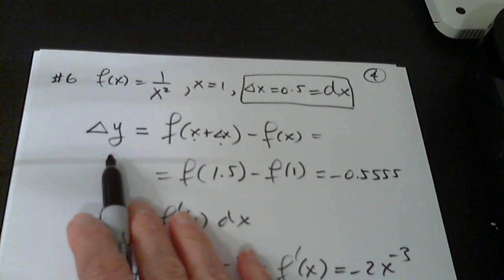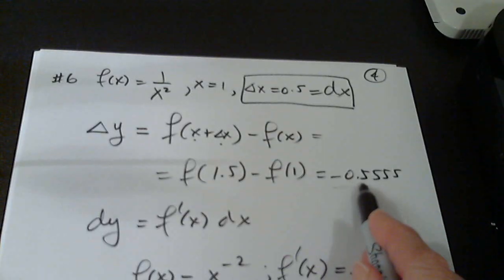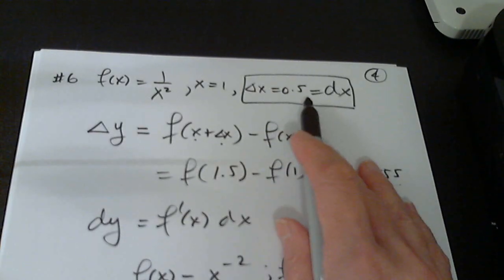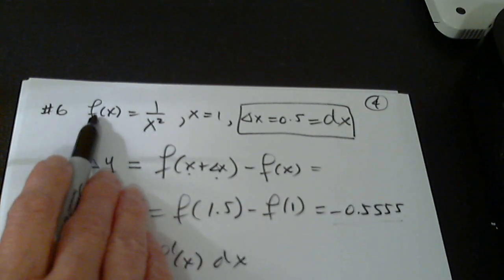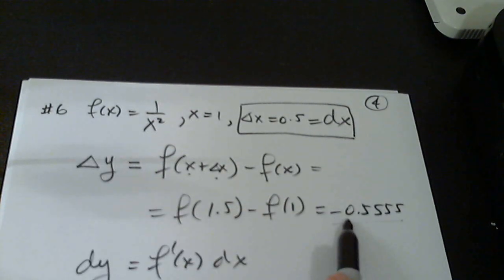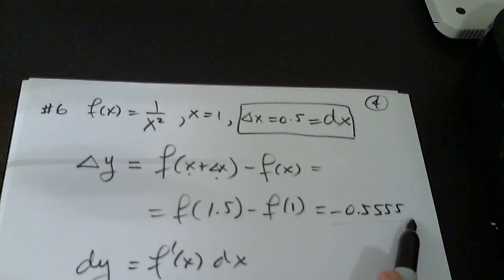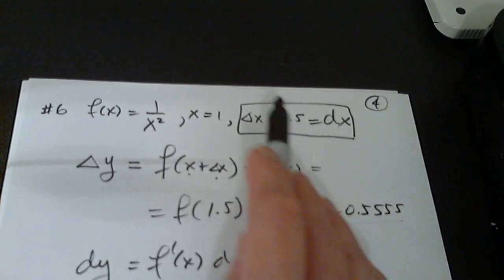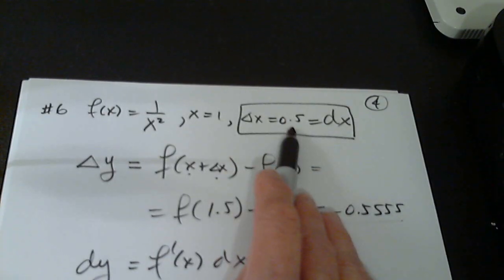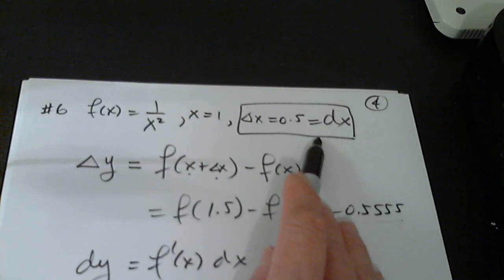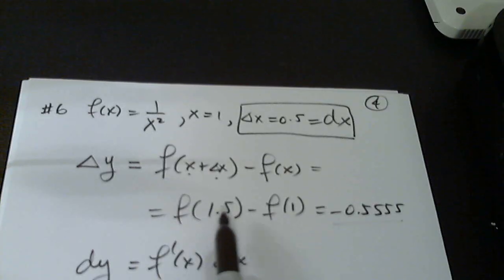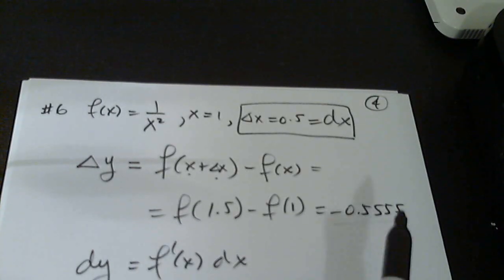So the actual error in the function is negative 0.55555 for the actual error of 0.5 in x. In other words, from 1 to 1.5, this is the error.